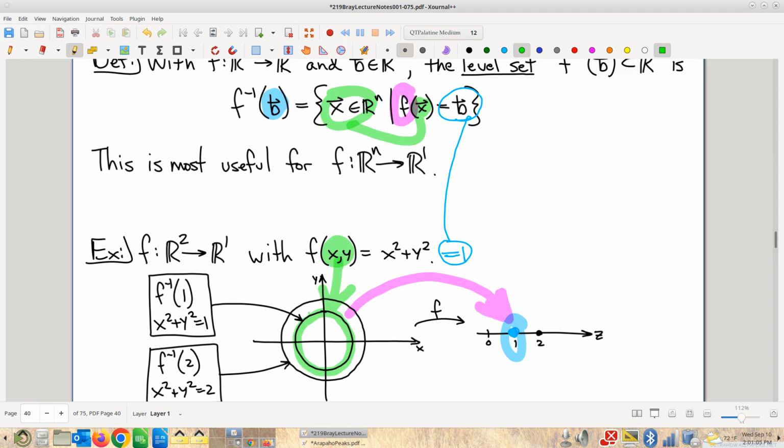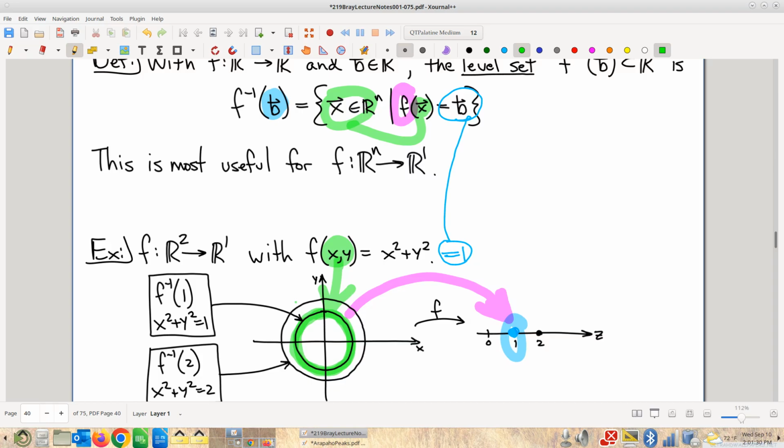If you set this function x squared plus y squared, so f of x, right? If you set that equal to our selected output value 1, you get the equation x squared plus y squared is 1. We all recognize that. That's the unit circle. So these points on the unit circle, that's our corresponding level set.